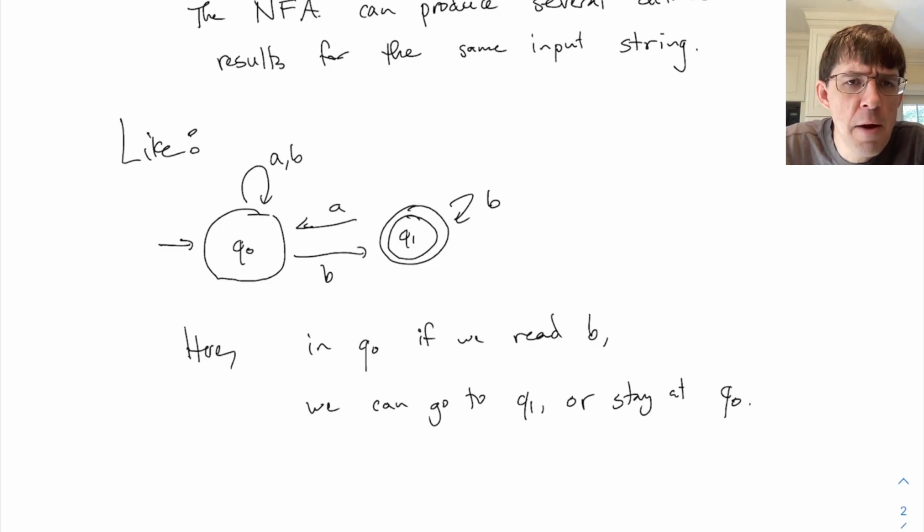Now you might wonder, what does it even mean for a string to be accepted if you could go different ways with that string? For certain strings, some trails might be accepted and some other trails might be rejected. What it means to be accepted is that one possible trail in the diagram leads to an accepting state. If that's true, the string is accepted, even if there are other dead-end trails that don't lead to accepting states.